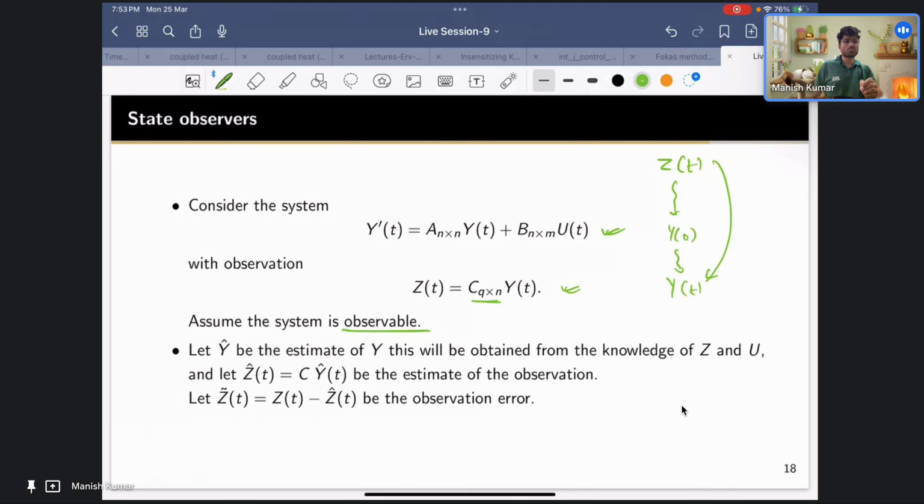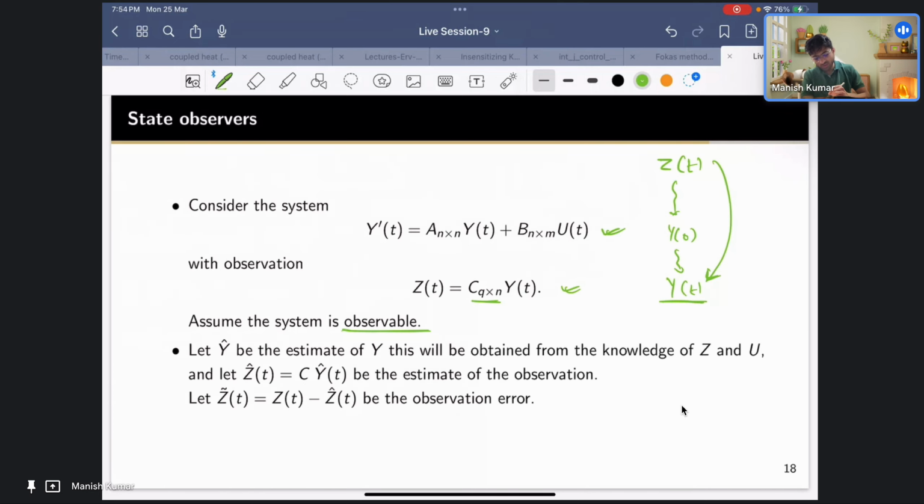That's what observability means. But many times you cannot derive this y(t) easily. You know that it can be done, but it's not always possible to get the explicit expression of y(t) from z(t). So in that case you do some estimation.